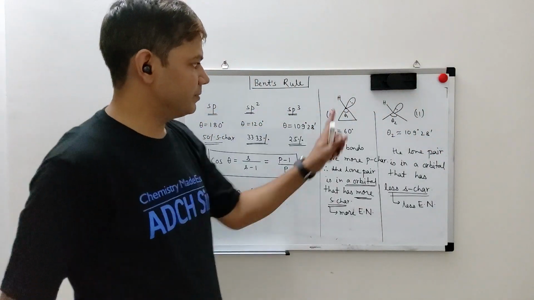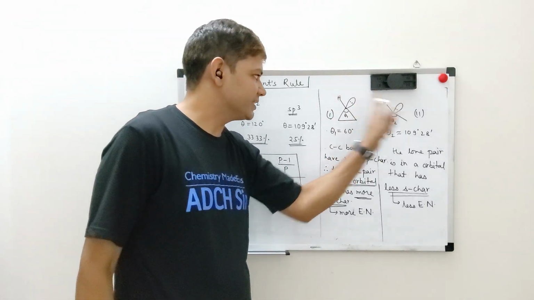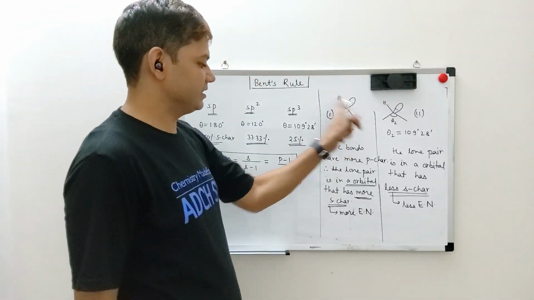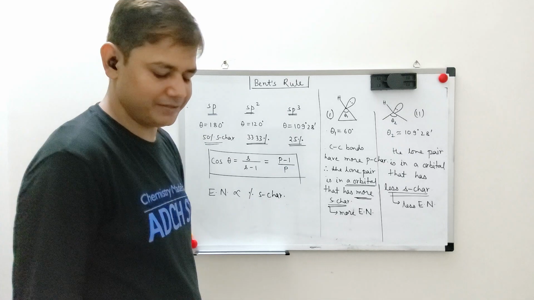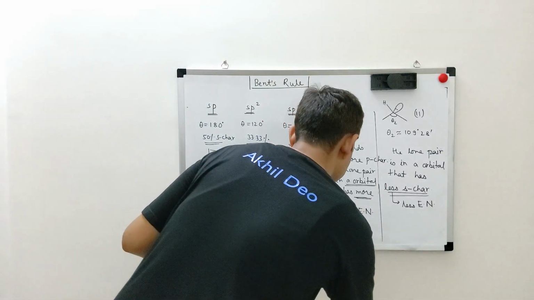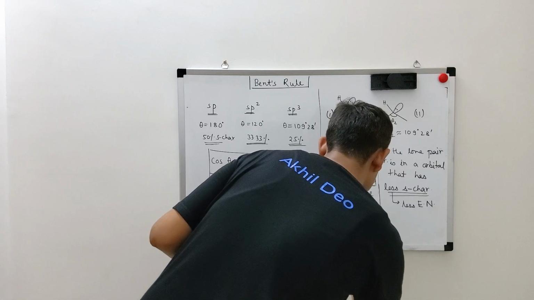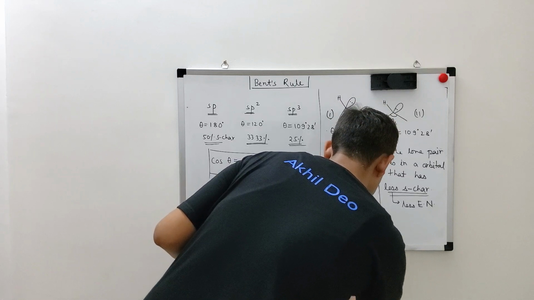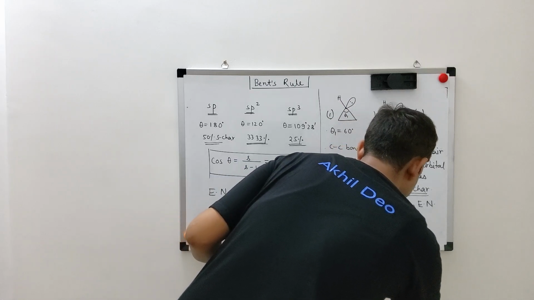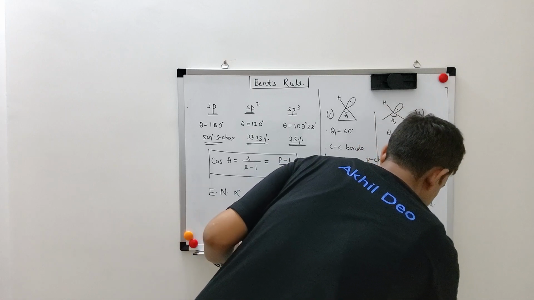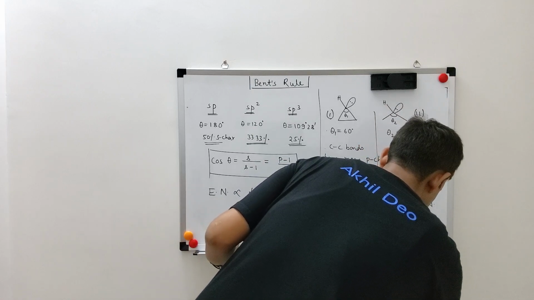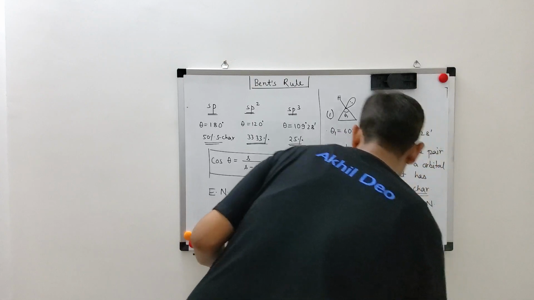We are talking about the stability of this lone pair, the stability of this negative charge. Negative charge is more stable on more electronegative atoms. So here the negative charge is more stable, and here we'll write negative charge is less stable. This is a very important result.